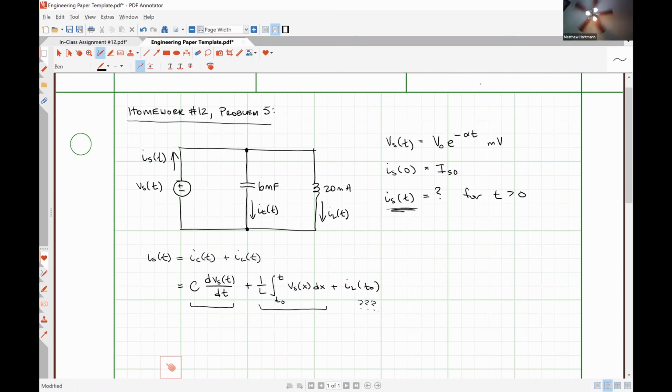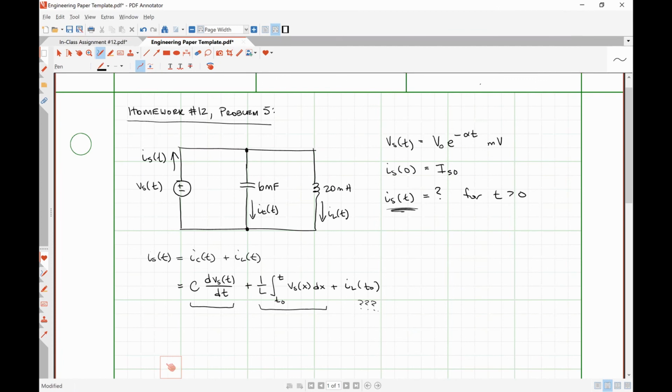No. Right now, the only current division rules that we know of are strictly for DC, and this is not a DC circuit. Sure, we will learn current division for steady state sinusoidal circuits, but this isn't one of those either.